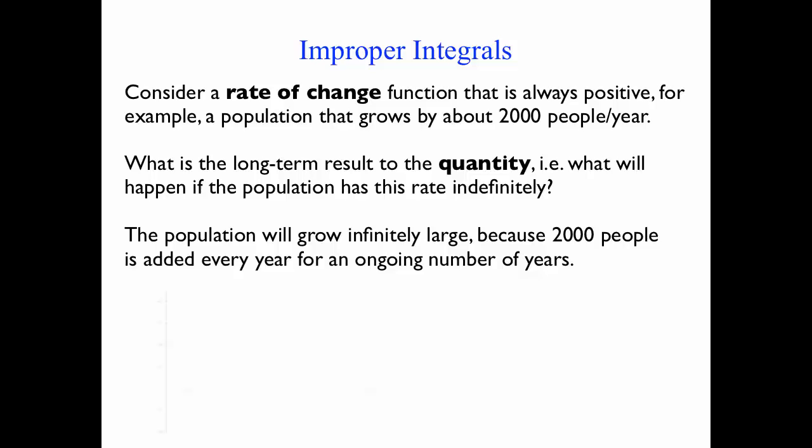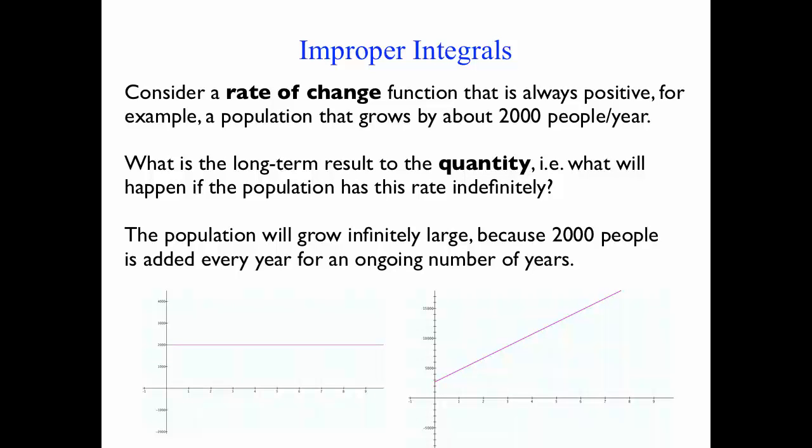So let's see the graphs. What graph am I showing you here? Rate of change. Rate of change is constant at 2,000, meaning every year the rate of change is 2,000 per year. And so can you imagine what the quantity function's graph will look like? Draw it with your finger. Something like this.